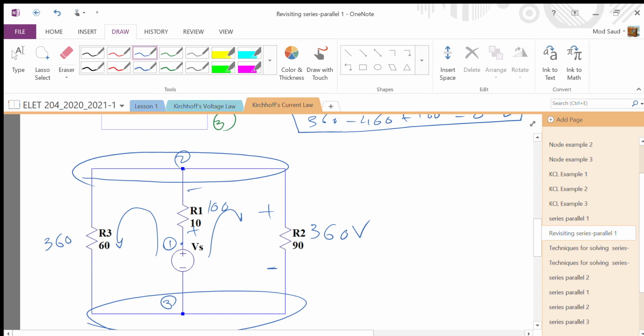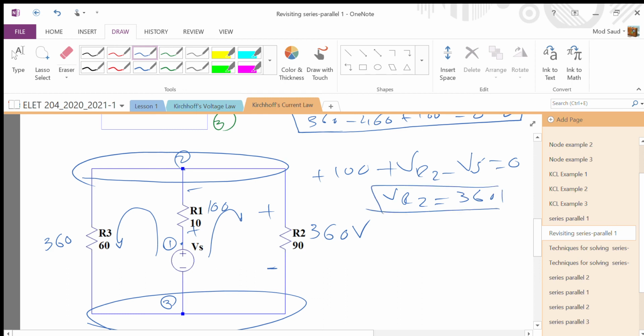In this case, it is positive 100, the one we calculated previously, plus VR2 minus Vs equals 0. Vs is 460, so VR2 equals 360.